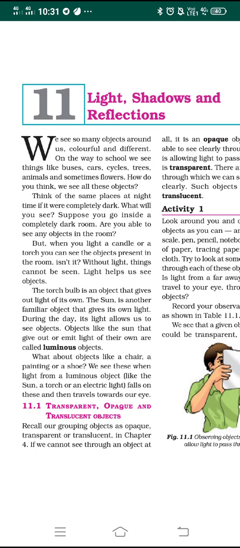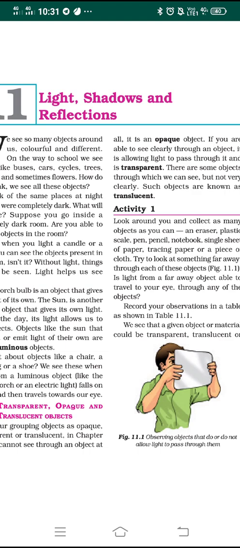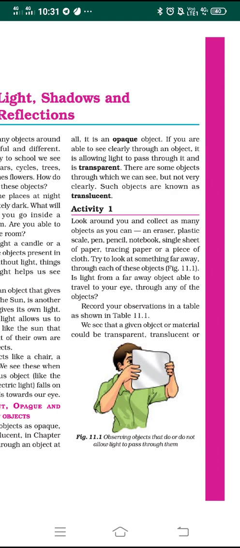If we cannot see through an object at all, such an object is called an opaque object. If we are able to see clearly through an object, that is, if light can easily pass through it, such an object is called a transparent object.